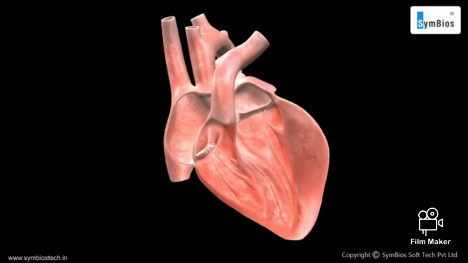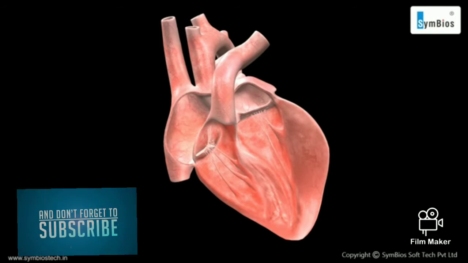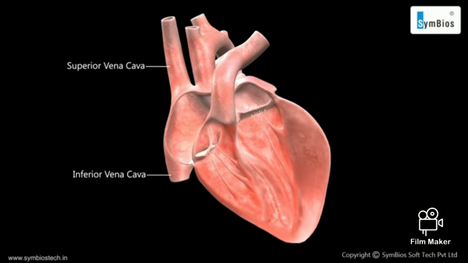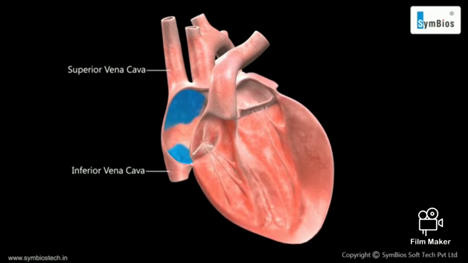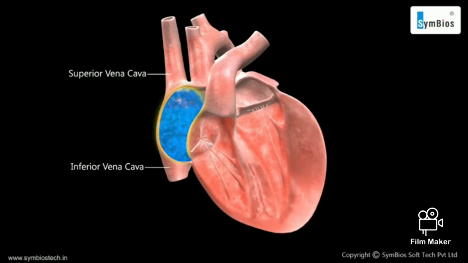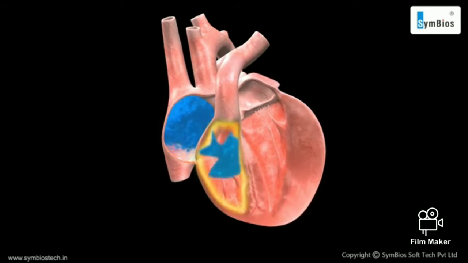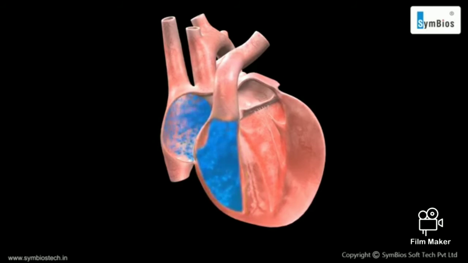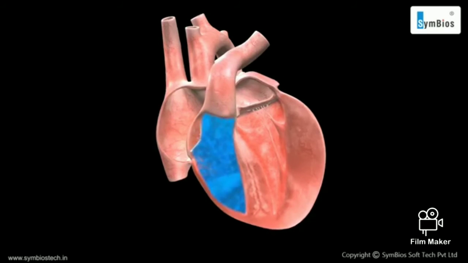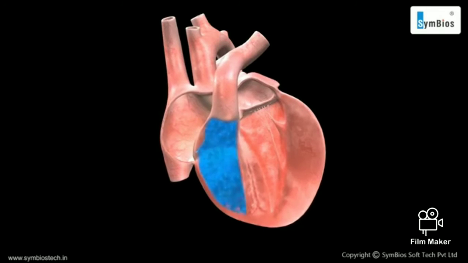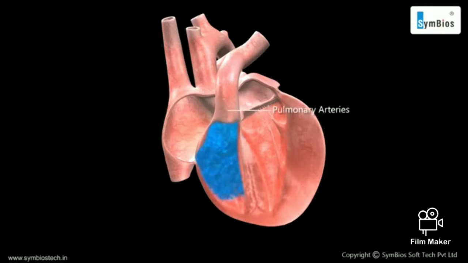The deoxygenated blood returns to the heart after circulating through the body. It enters the heart through the superior and inferior vena cava into the right atrium and passes to the right ventricle. The right ventricle pumps the blood into the lungs through the pulmonary arteries.